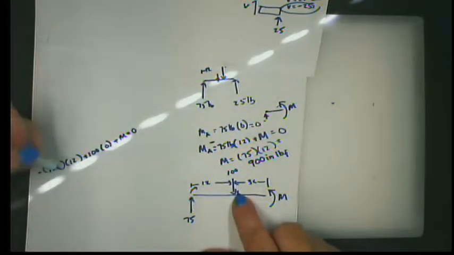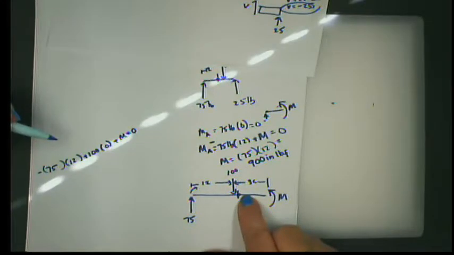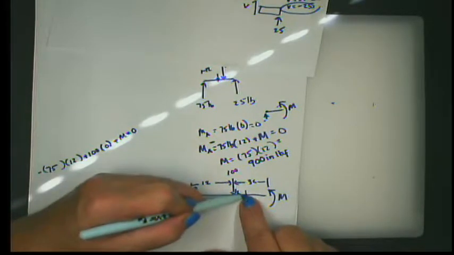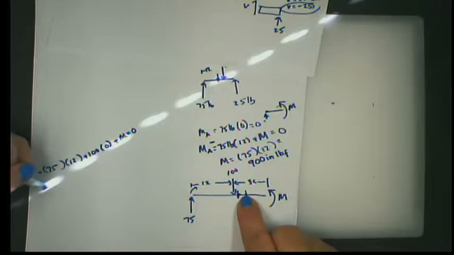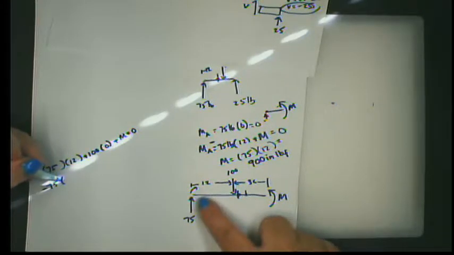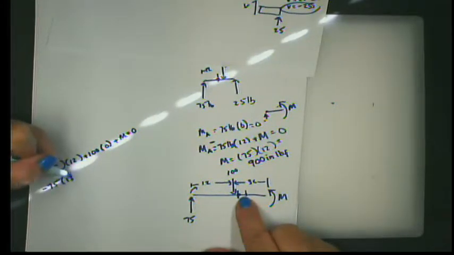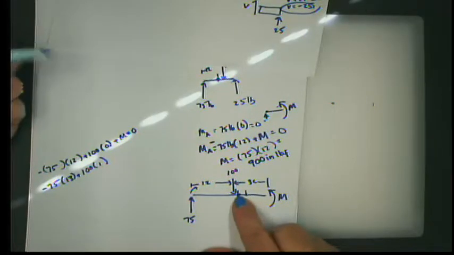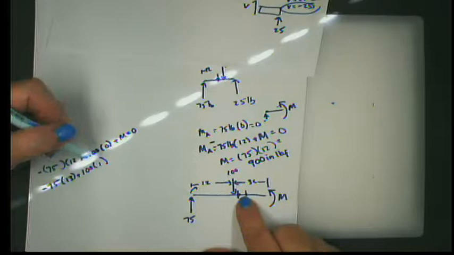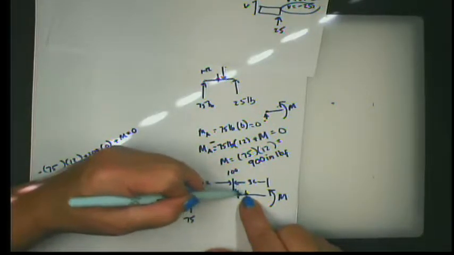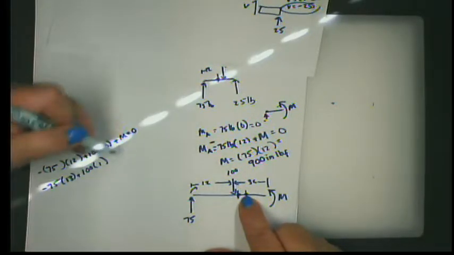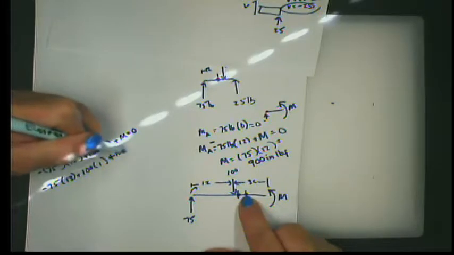So right here, I still have the same value. I have 900. But what happens when I come an inch out into this? Well, I have 75 times 12 plus 1, which is 13. 100 times 1 inch, because I just have a 1. If I'm cutting right here, my moment arm is just 1 for the 100, plus m equals 0.